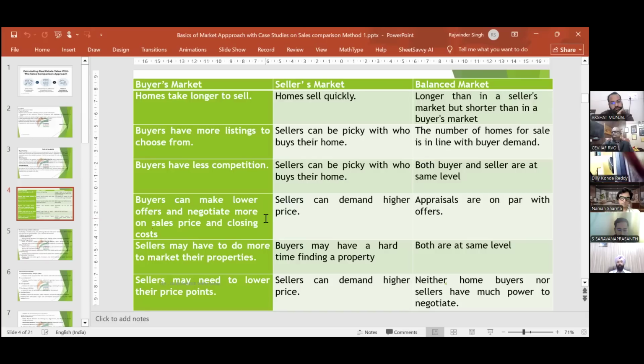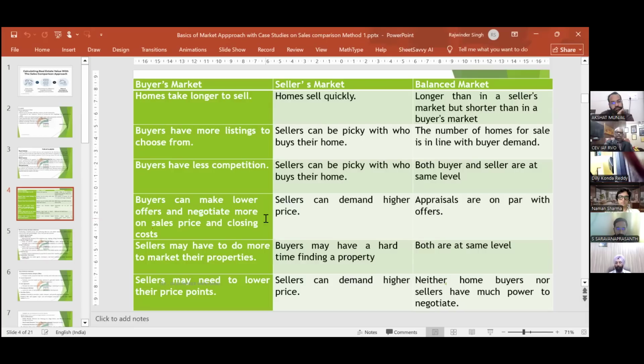In a buyer's market, sellers may have to do more to market their properties. In a seller's market, buyers may have a hard time finding a property. And in a balanced market, both are at the same level.